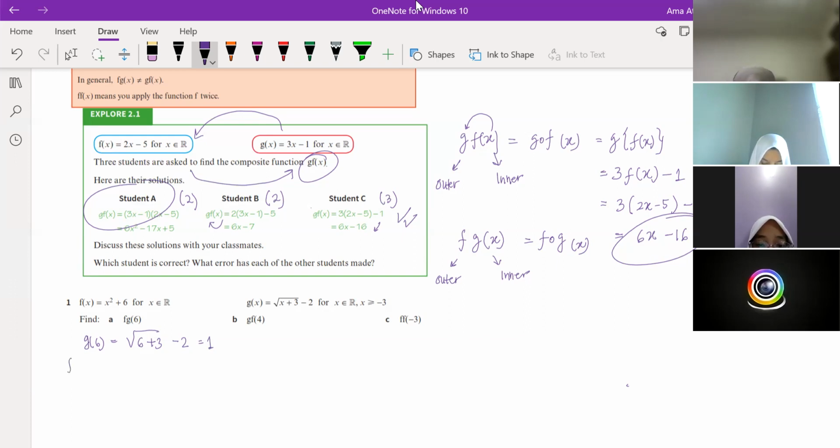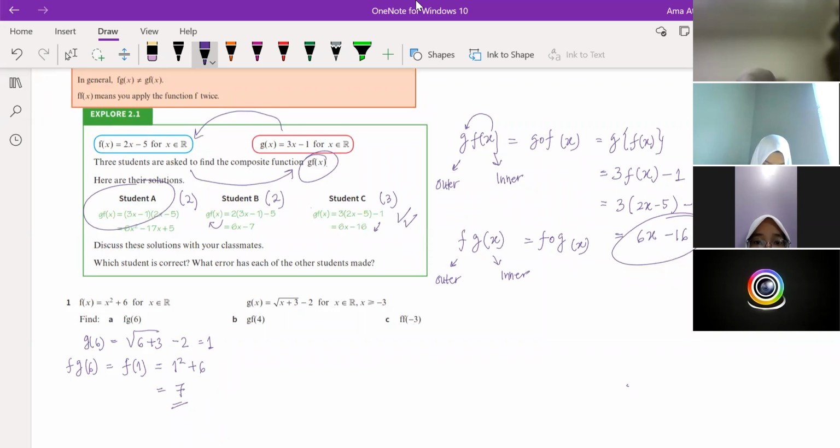So f of g of 6 is f of 1, because g of 6 is 1. So you are changing x in the function of f of x with 1. So 1 squared plus 6, so it is 7.